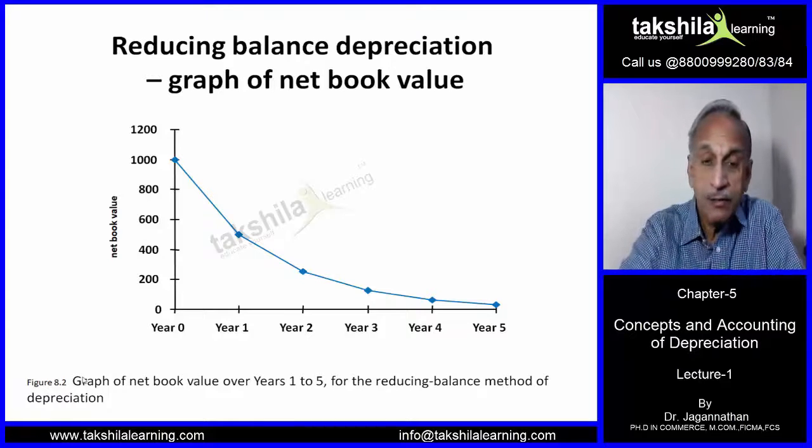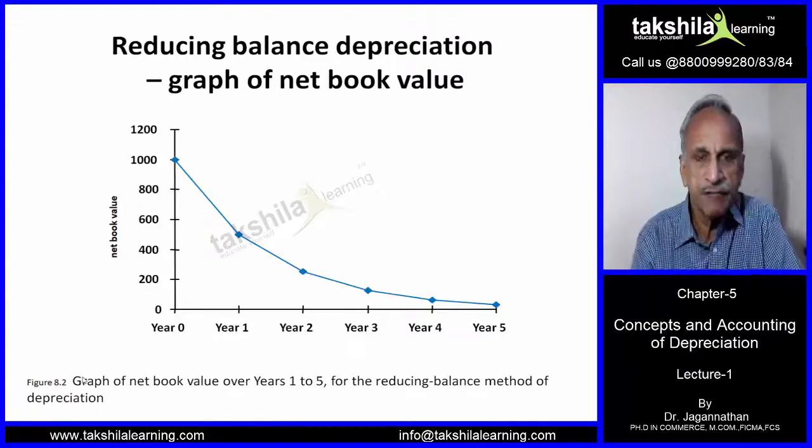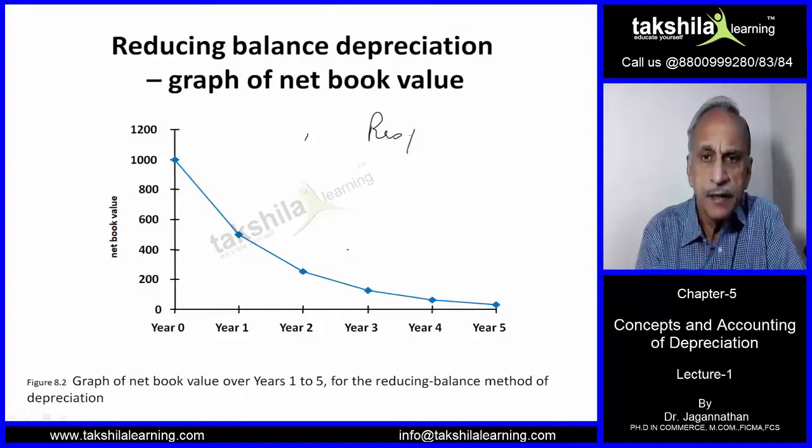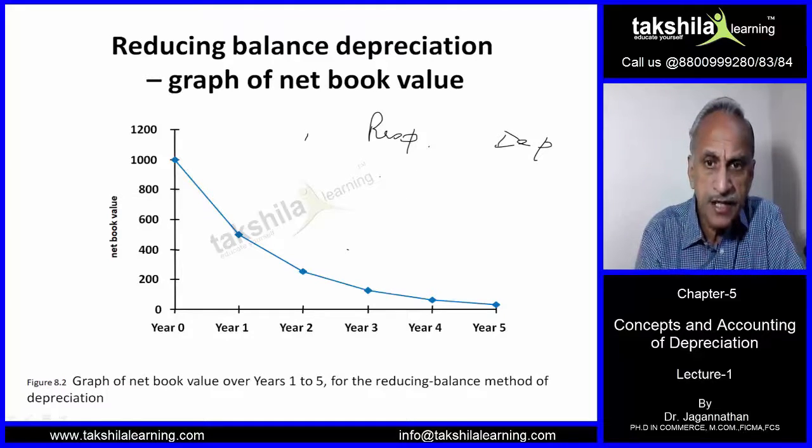Alright. Now, what happens in case of machinery for which reducing balance depreciation is very important? Let me take you through two important revenue expenditures every year, repairs and depreciation. For machinery, the repairs will keep increasing.